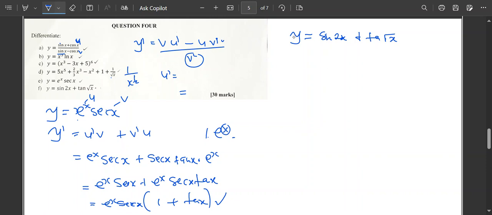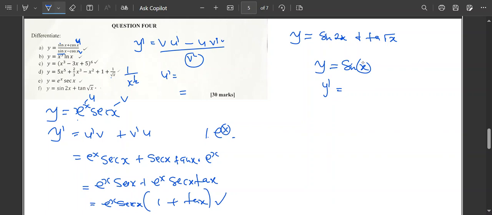Let me give you a hint: whenever you're differentiating a trig function, let's say cos x, a trig function always has an angle. So suppose you are differentiating sine x. You differentiate first the angle, then you differentiate the whole function.